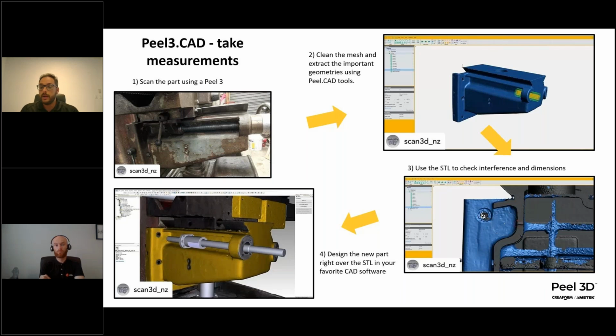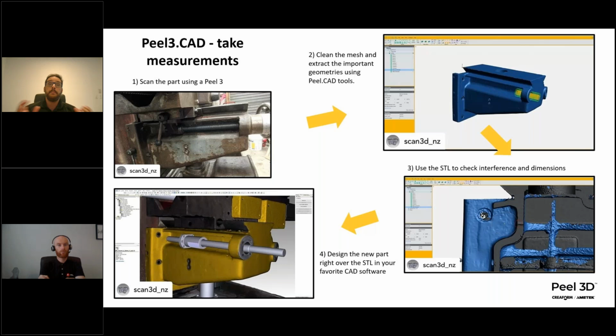So design the new part right over the STL, and you can design the part in your favorite CAD software. Finally, we'll design the part directly over the STL file, and this allows for precise alignment and integration with the existing part.